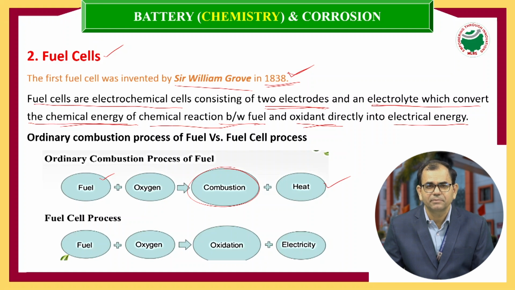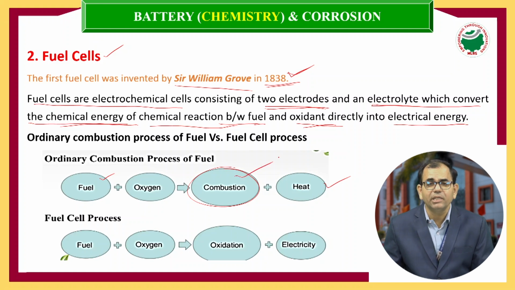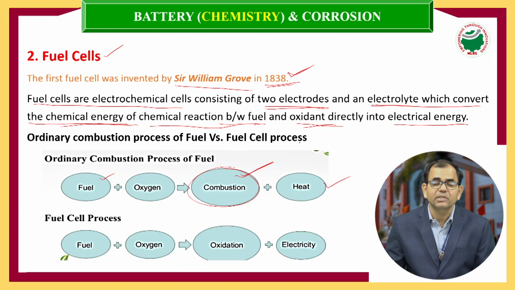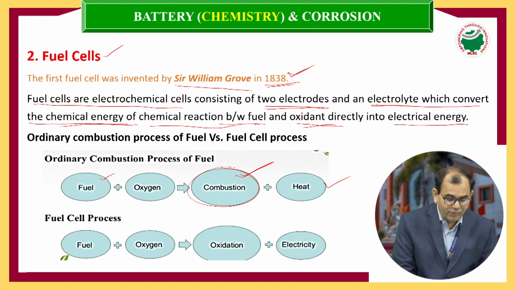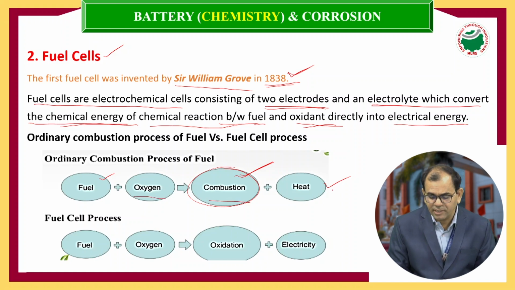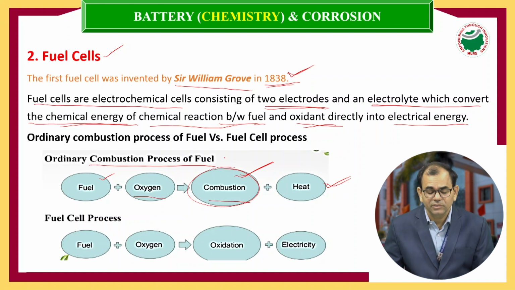Whereas combustion happens inside the machinery. Fuel is burning inside the machinery, that's why we call it combustion. So fuel with the help of oxygen undergoes combustion and heat energy is released. That is the ordinary process.